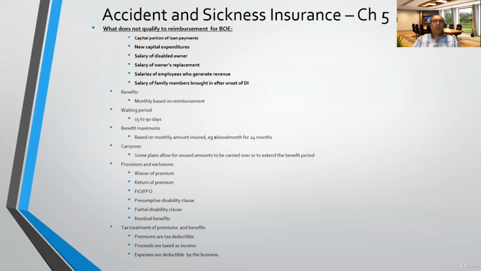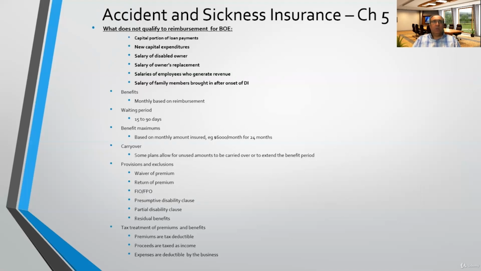What does not qualify for reimbursement? So this is important, that capital portion, so in other words, the principal portion. If you're paying a certain portion for the loan, two parts of it, we said interest portion is covered under the business overhead, but the principal of the capital is not covered. Any new capital expenditures, if you're planning on buying new equipment, new machinery, you're planning on installing new software, new hardware, that is not covered.